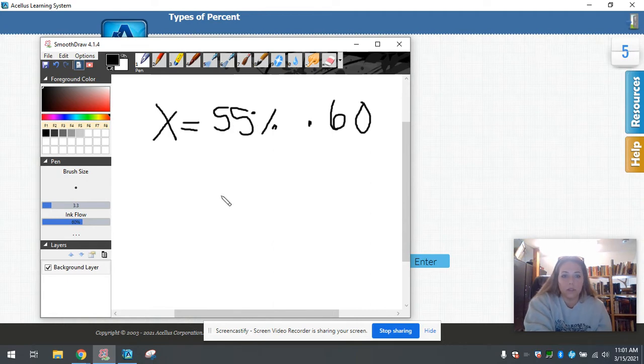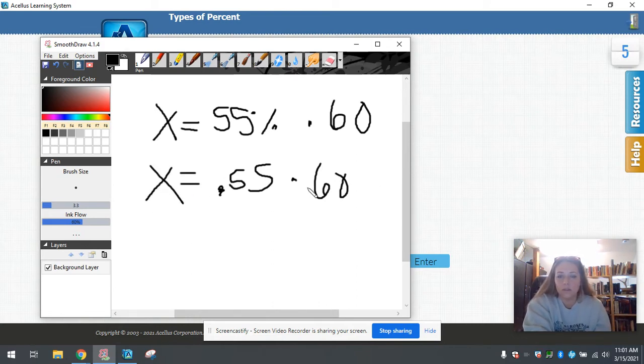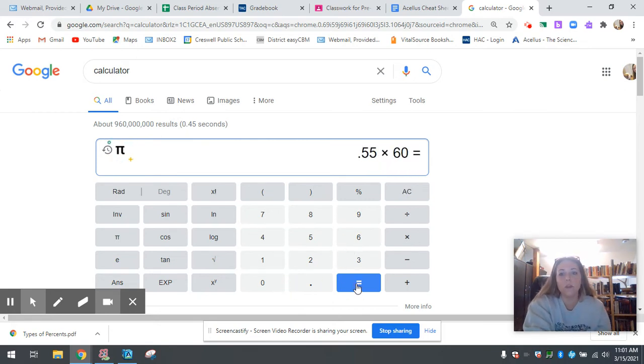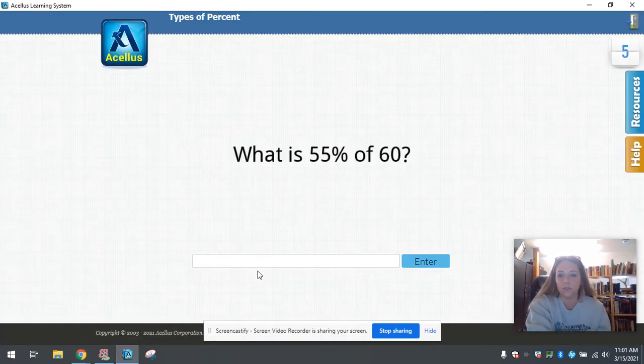Switch the percent to a decimal. 55% as a decimal is 0.55. Again, we have the variable by itself. So in our calculator, we plug in 0.55 times 60. You get 33. 33 is 55% of 60. 50% of 60 or half of 60 would be 30, so that makes sense.